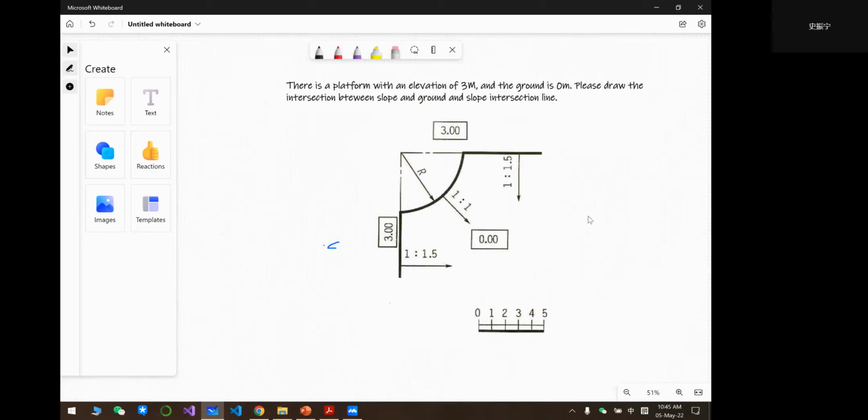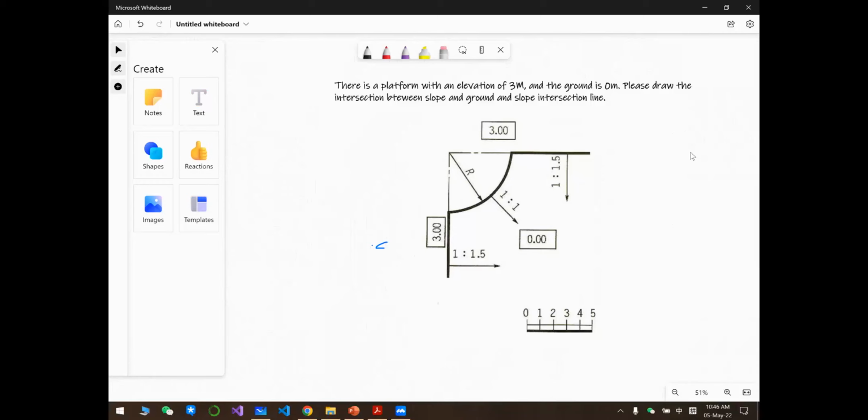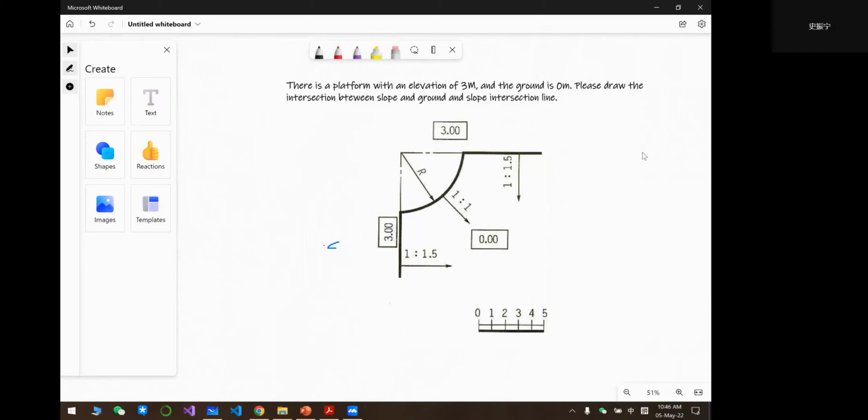Now I think you already know how to draw this homework. Okay, please think about it for 2 or 3 minutes, and I will tell you how to draw this.